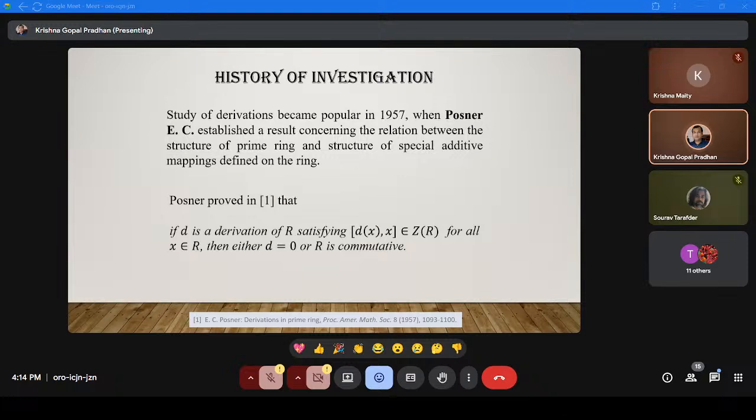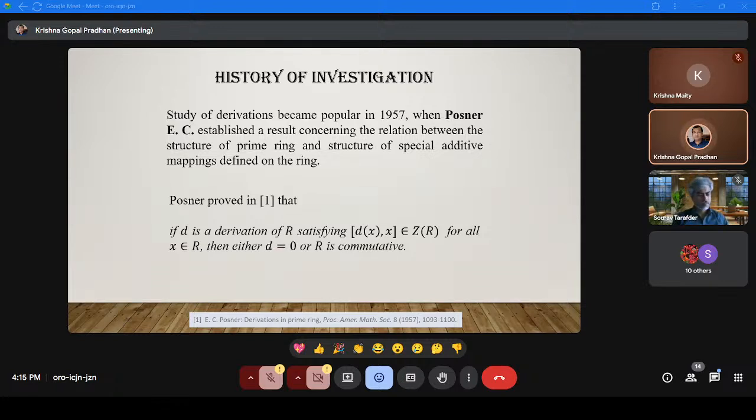Posner proved in this paper, the paper is cited below the slide, that if d is a derivation of R satisfying a relation like the commutator of d of x and x belongs to the center of the ring, Z(R) represents the center of the ring here, for all x belongs to R, then either d is 0 or R is commutative. So he proved this result.